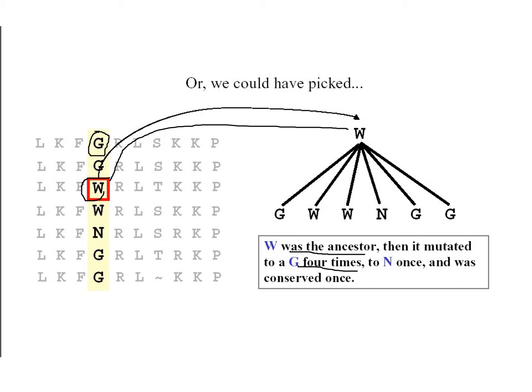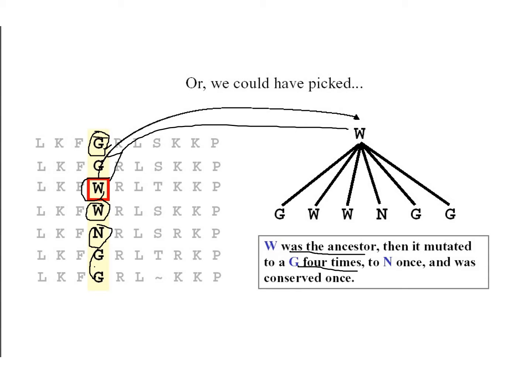As you can see, there is one more W, so it was conserved once, and it mutated to G 4 times, as there are 4 Gs, and it has one N. That was the previous case, where we took G as the ancestor, and this time we took W as the ancestor.